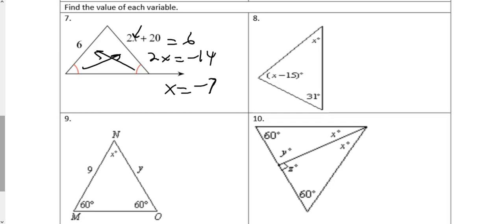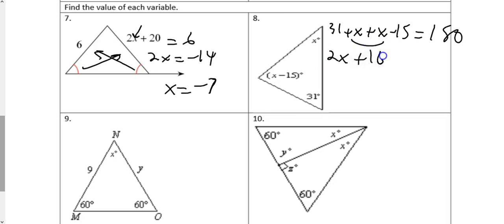All right, here we have three angles, 31, x, and x minus 15. These three angles all add up to 180 because they're in a triangle. x plus x is 2x. 31 minus 15 is 16.